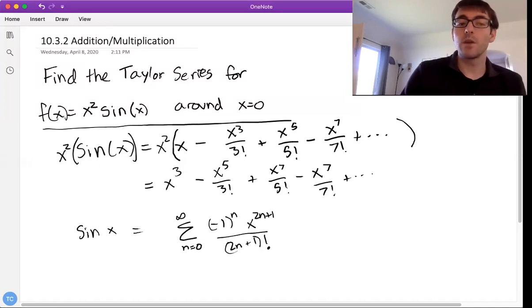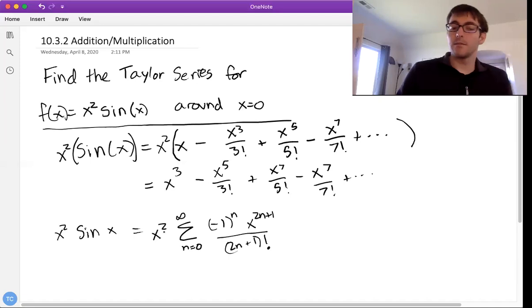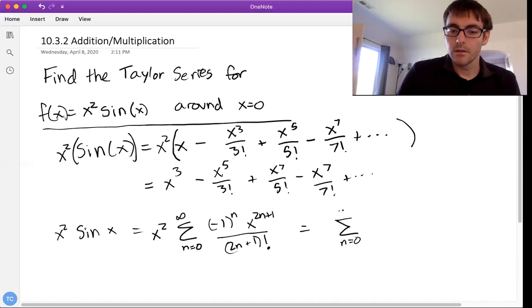Again, we don't just want the Taylor series for sine of x. We want the Taylor series for this new function, f of x, which we can get by multiplying both sides by x squared. Because this x squared doesn't have an n involved with it, we can just move it inside, and we're left with the sum of everything the same except we're multiplying by an x squared.